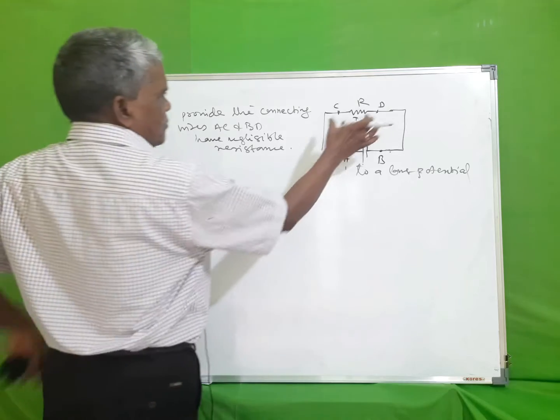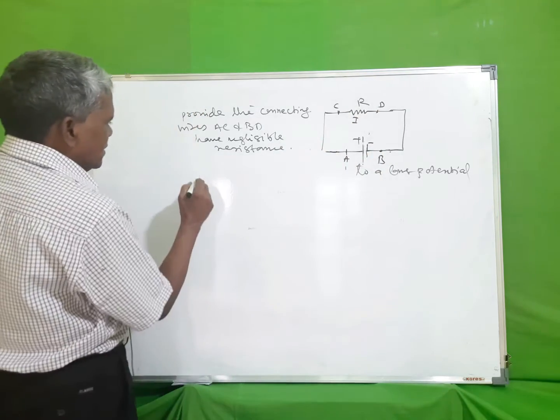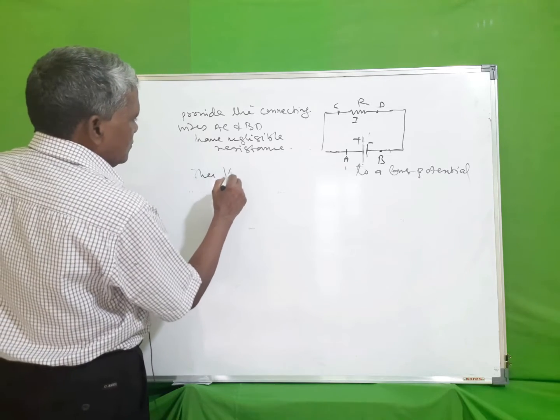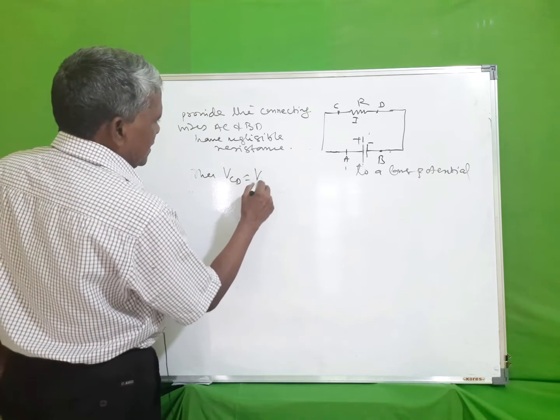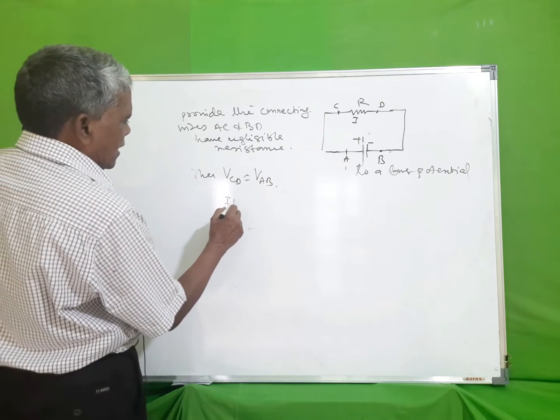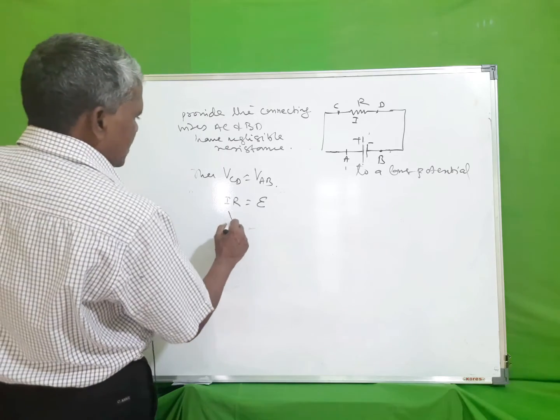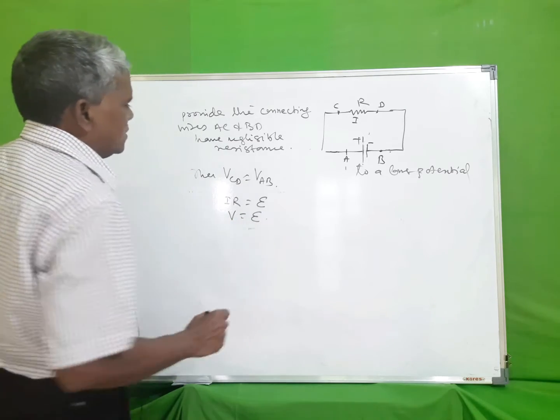So you can say that the potential difference between CD is equal to the potential difference across AB. Thus, VCD is VAB, or IR is equal to E, or V is equal to E.